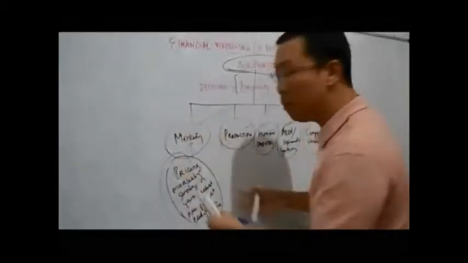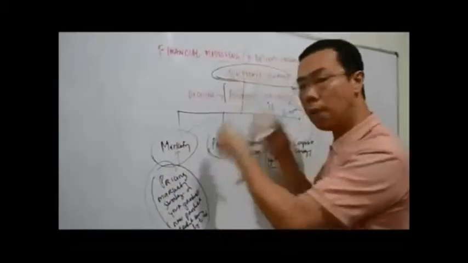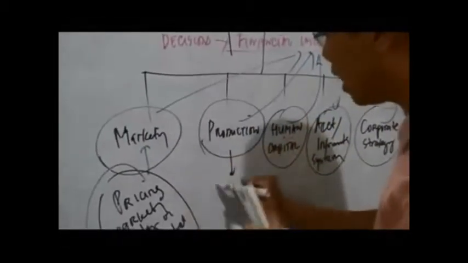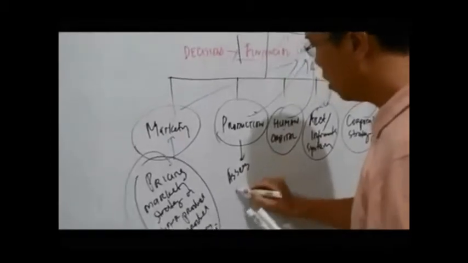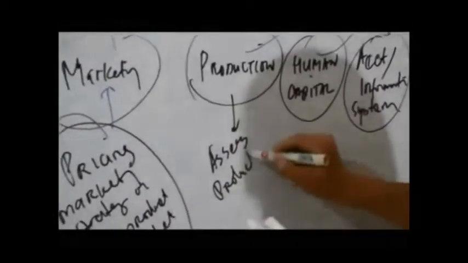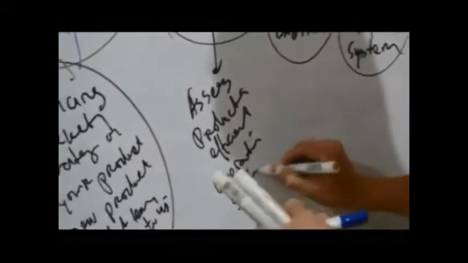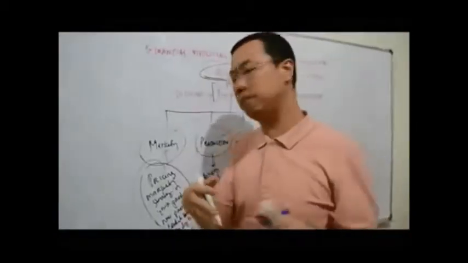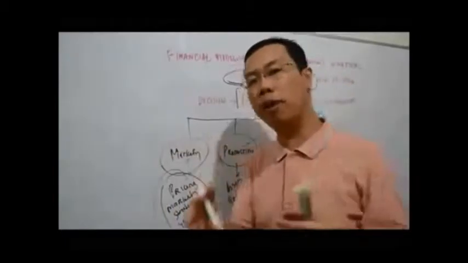So these are all decisions that you make, and all of them have a financial implication to your company. How about production? You need to assess your production efficiency, your operation strategy, your supply chain, your trade relationship with the supplier, the provider of your raw material.